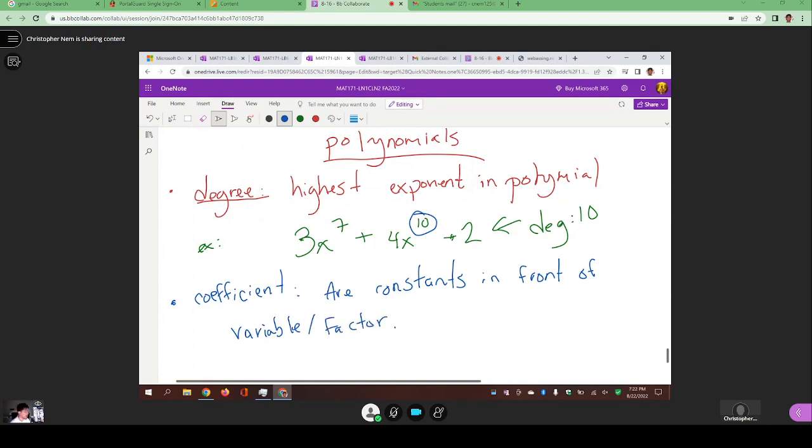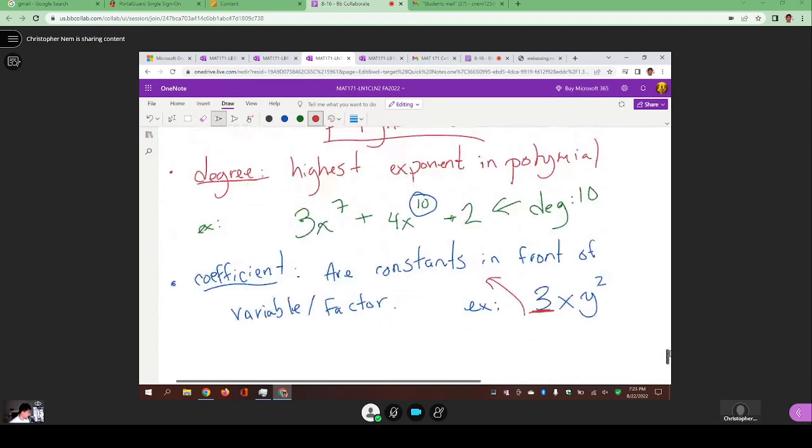And I say variable slash factors because it could be in front of a factor that is not a variable. And we'll get to more into that later on. But the easiest example I can give you is 3xy squared. Your coefficient is going to be the number 3. So these are two definitions. We got about two more to go.